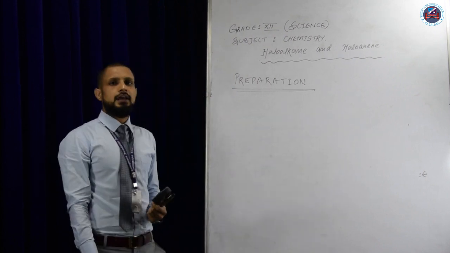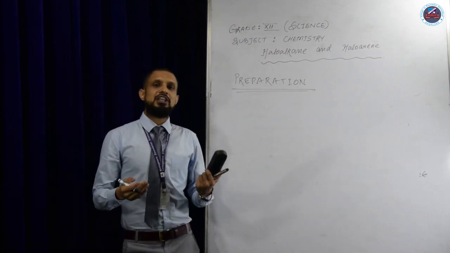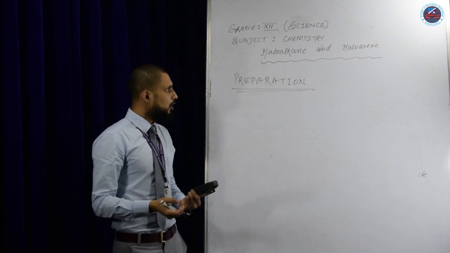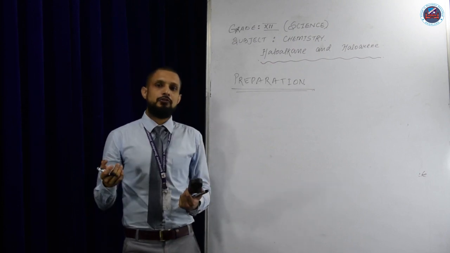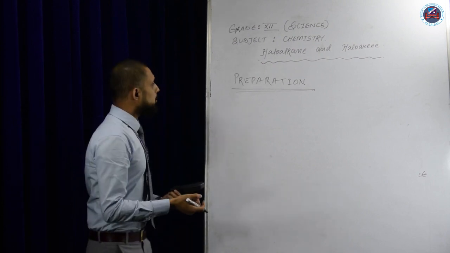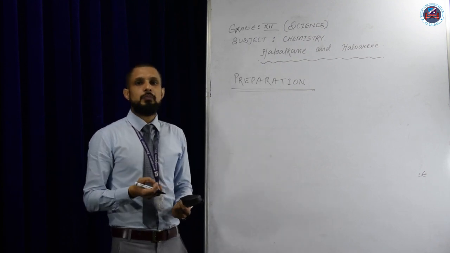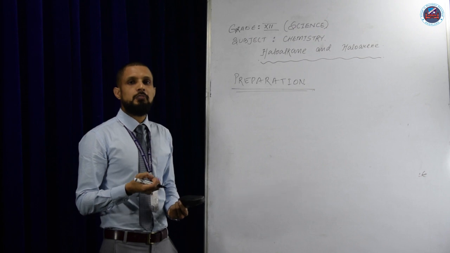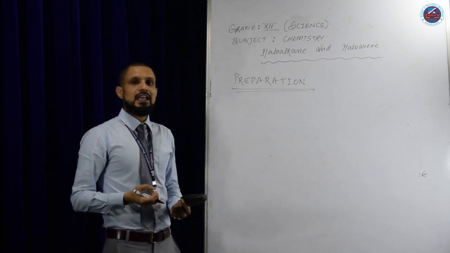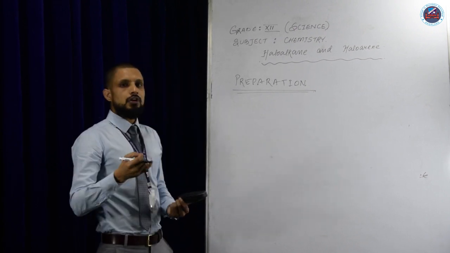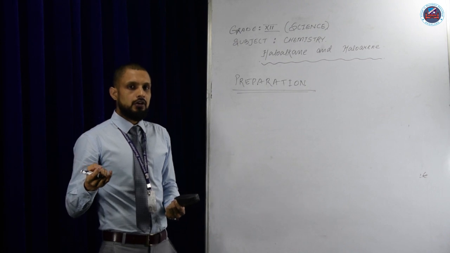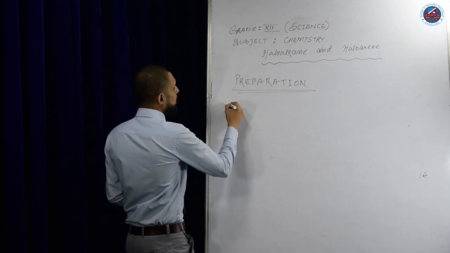So haloalkane can be prepared from different types of compounds with different functional groups. We can prepare haloalkane from alcohol, from alkane, and from alkene using different types of reagent. Okay, so we'll start with alcohol.